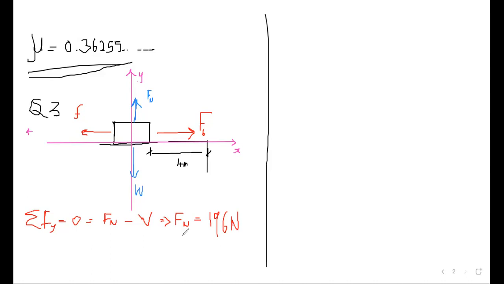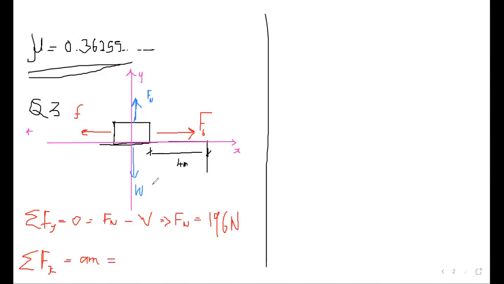Then we come to the x-axis. In the x-axis, there's some sort of motion in this case. There is F and FB. So summation of forces in the x-axis. In this axis, we have motion. So it means the summation of these forces would actually be equals to mass times acceleration, from the second law of motion.